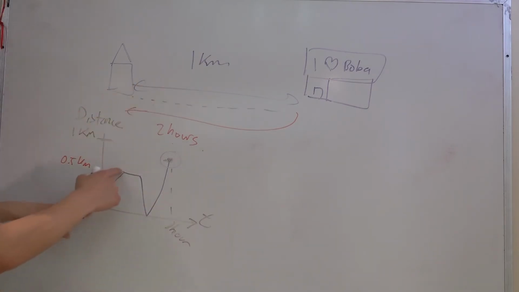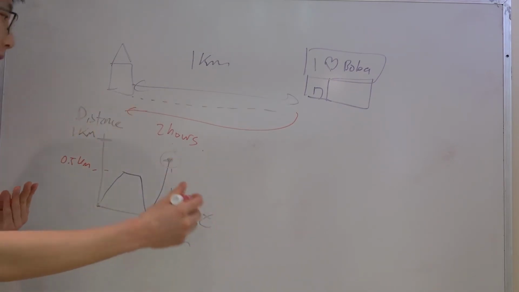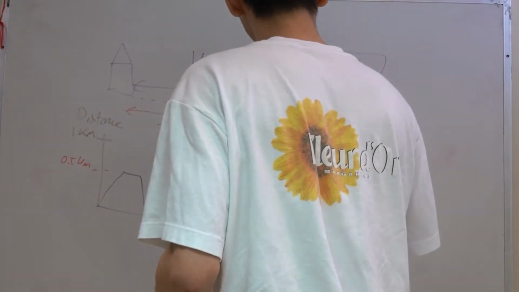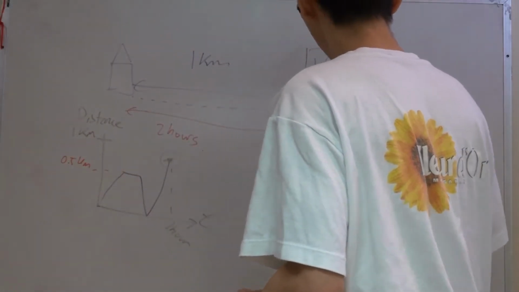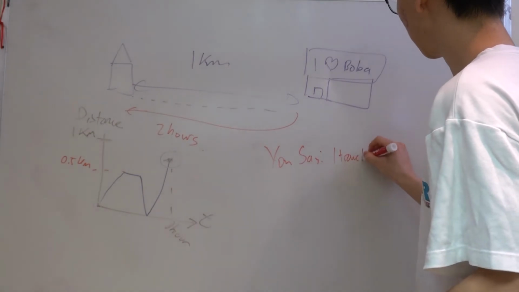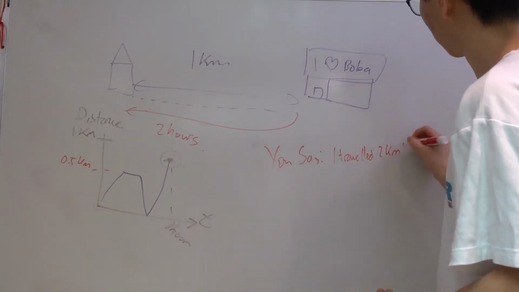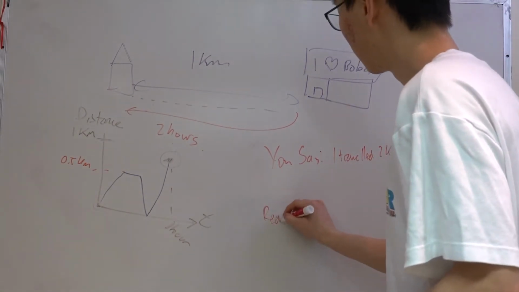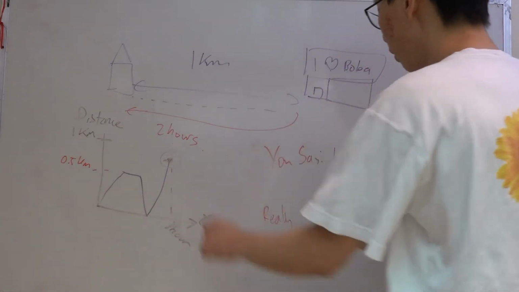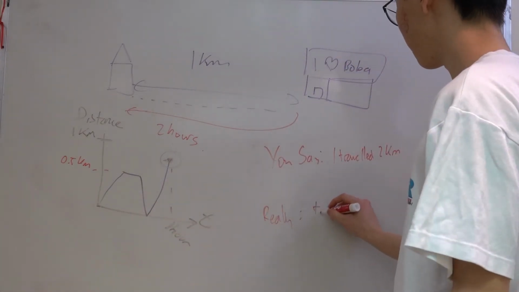Well, you traveled half a kilometer, then half a kilometer back, and then a whole kilometer again. You actually traveled 2 kilometers, right? So what you think is that you traveled 2 kilometers. Really, if you look there and there, you only traveled 1 kilometer.